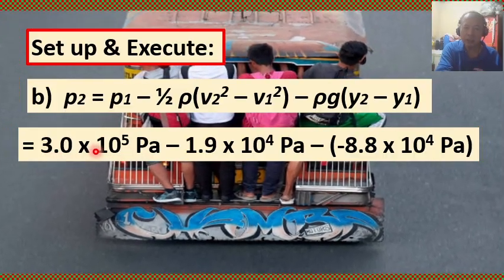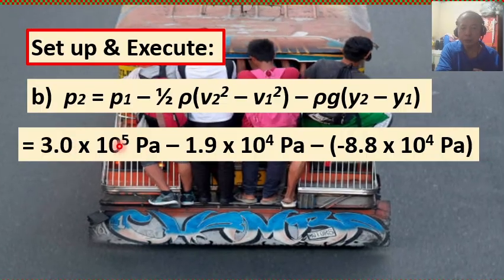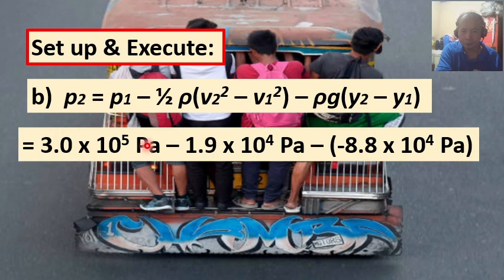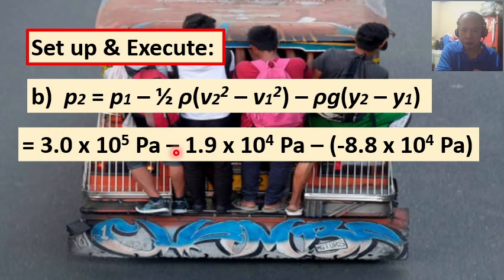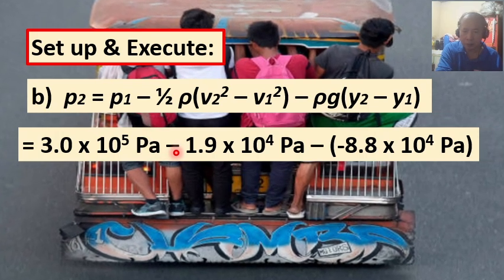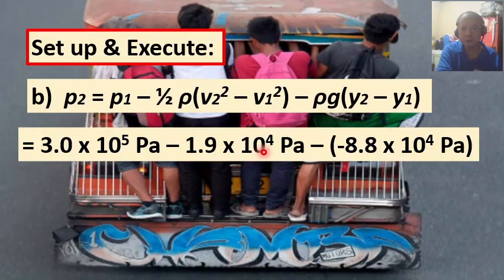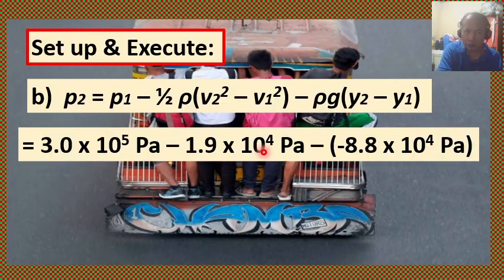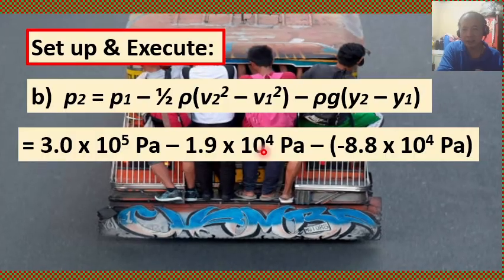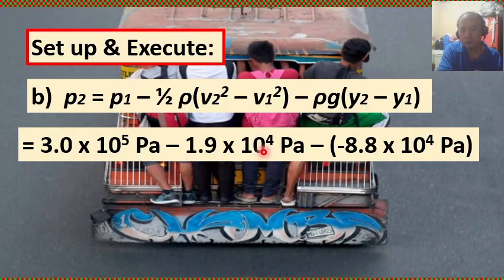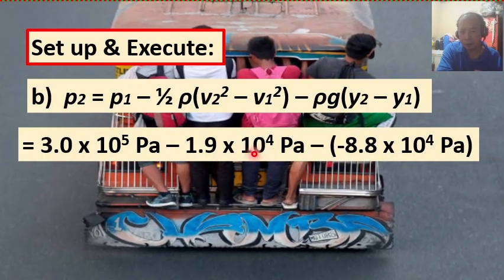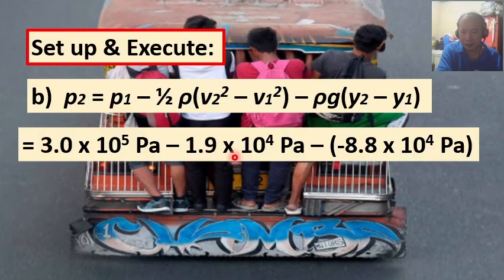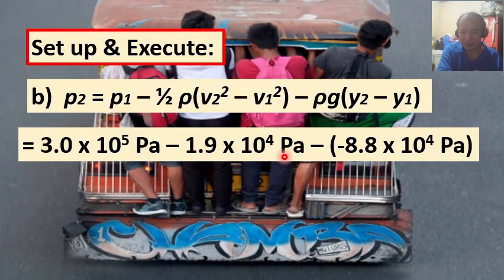This is the given absolute pressure P1 in the problem. And then minus the amount of pressure equivalent to the change in the kinetic energy per unit volume that we earlier computed, 1.9 times 10 to the 4th power Pascal.